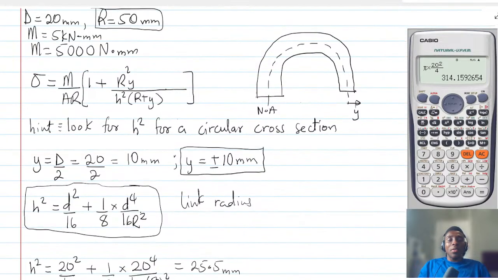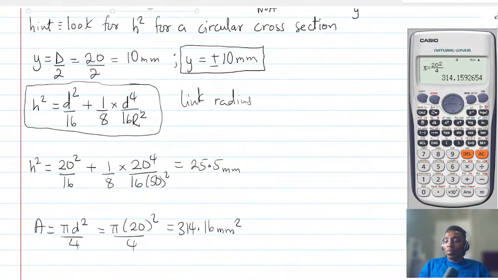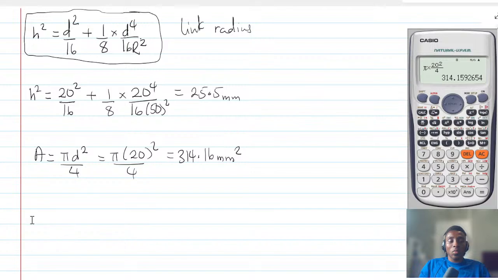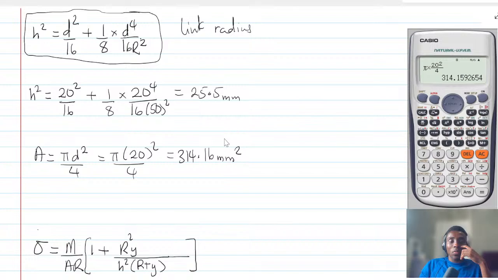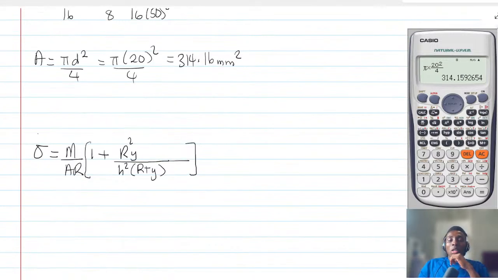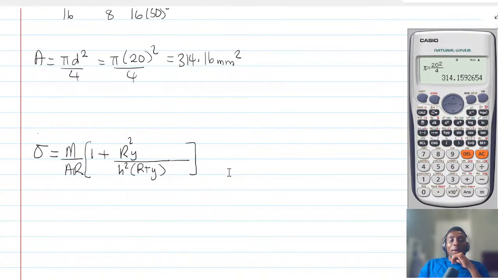Okay, so I will just copy the equation. Right now we have everything that we need to solve.